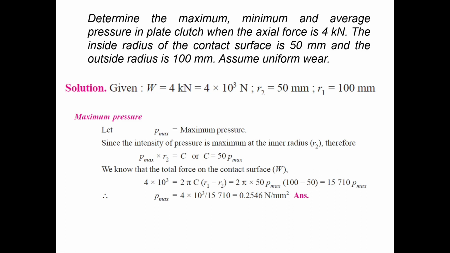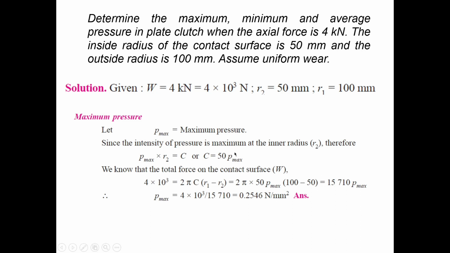So P max into R2 is equal to C. This is the common form, C is equal to PR. Since we are asked about the maximum pressure, we have substituted max here. So P suffix max into R2 is equal to C. In this way, we can rearrange the formula. So C is equal to 50 into P max.